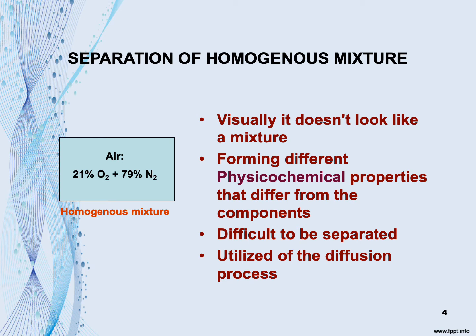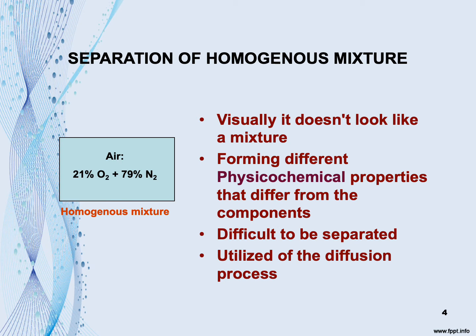Now, for a homogeneous mixture, visually it doesn't look like a mixture; it looks like one phase. You can see just the air or the smoke, and it actually has different physical and chemical properties that differ from its components.